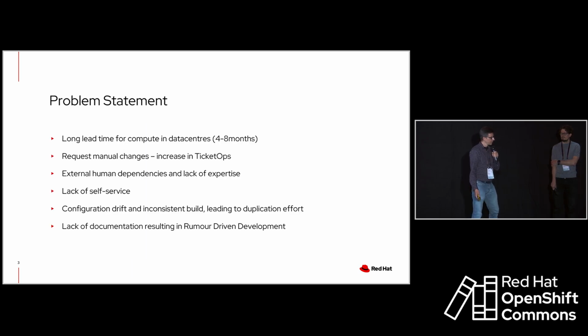But let me start first, what were the problems we faced in 2019? We had to deal with on-prem infrastructure changes. In some cases compute wasn't available, and it took a very long time to get things built.